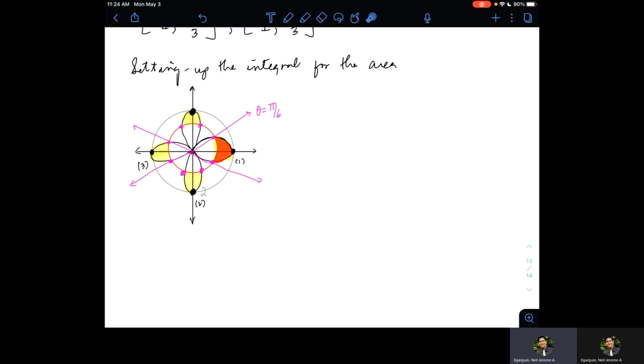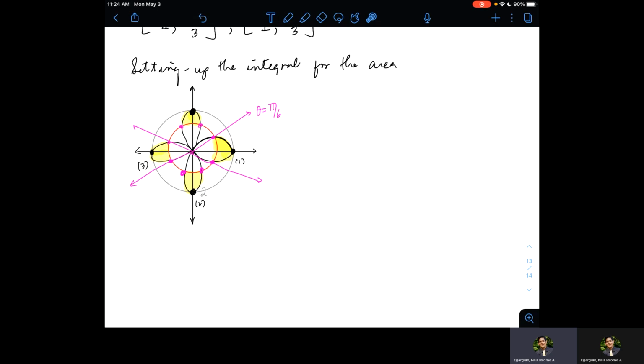Actually, that's not sufficient. I should also mention that the circle is also symmetric, making these 4 shaded subregions equal to each other, right? Again, my figure is not drawn to scale, or it doesn't even show the symmetry. But I can just set up the integral for one of these 4 subregions and multiply that by 4 to give me the actual answer.